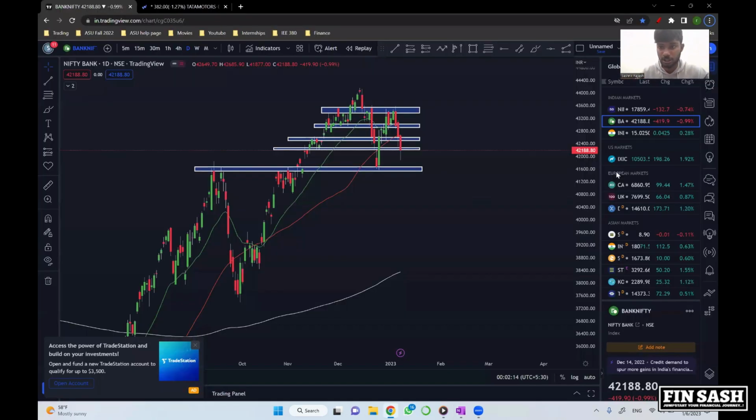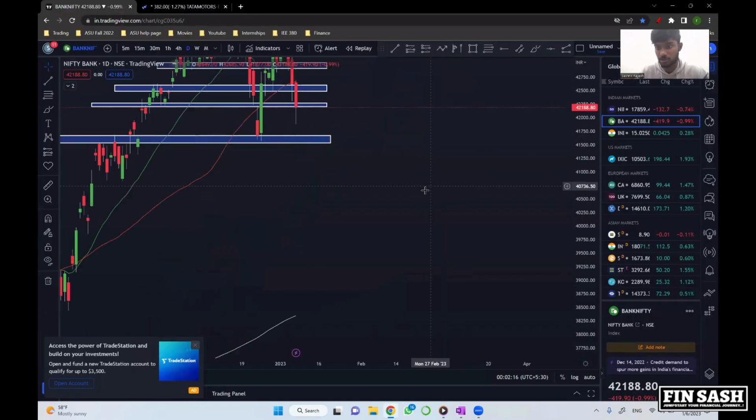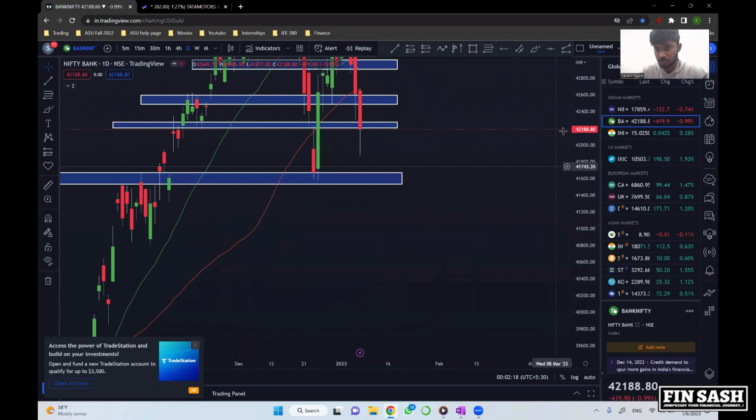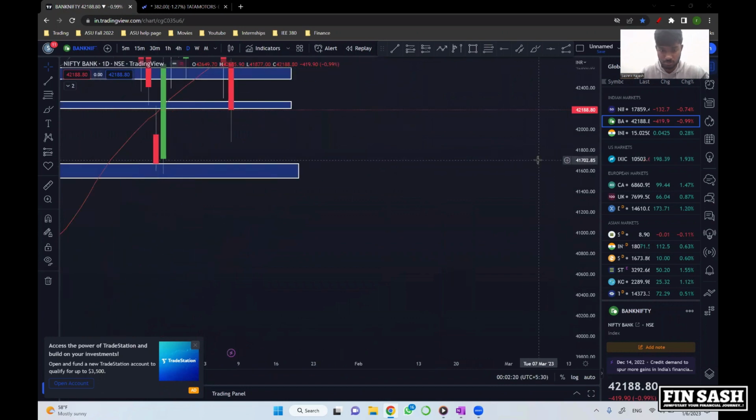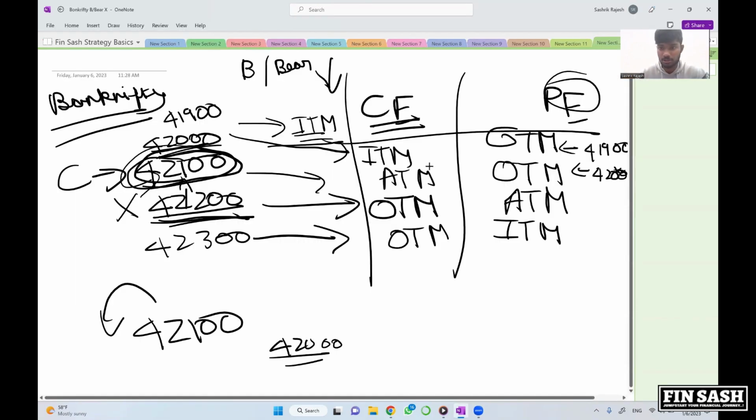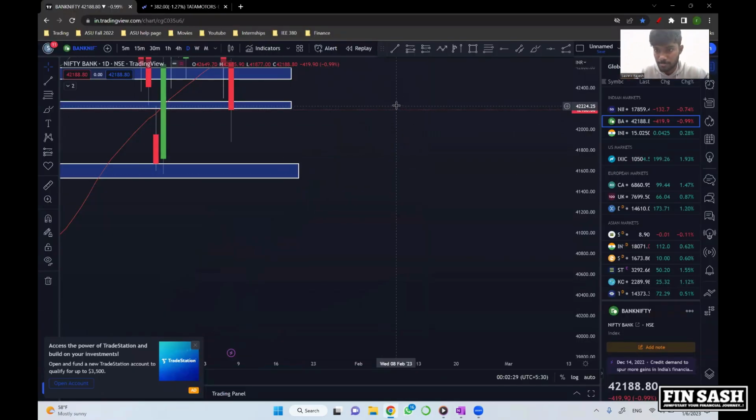Because if you go back to the chart and you think that the market's bearish, the market's at 42,100 and 42,200 is somewhere here.